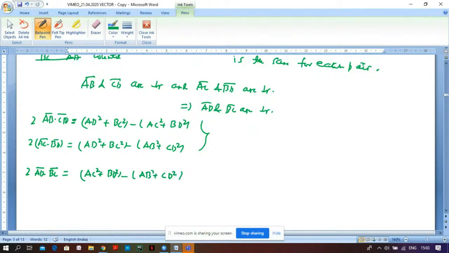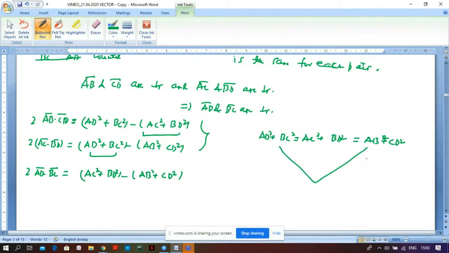Now you see that given these two are perpendicular, AD squared plus BC squared equals AC squared plus BD squared. AC squared plus BD squared is common here, so that also equals AB squared plus CD squared. That means these two are equal. So AB squared plus CD squared is this much, or AC squared plus BD squared is this much.